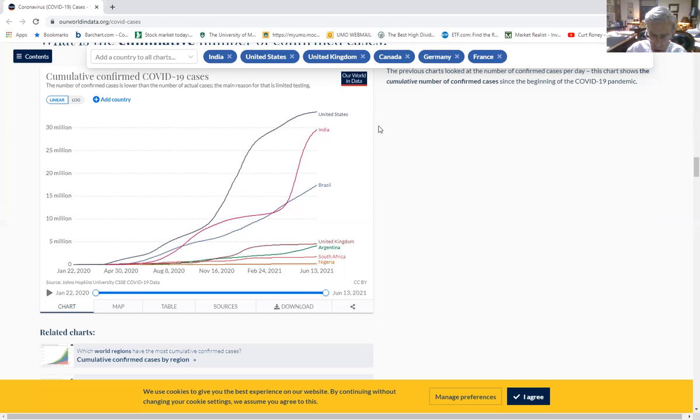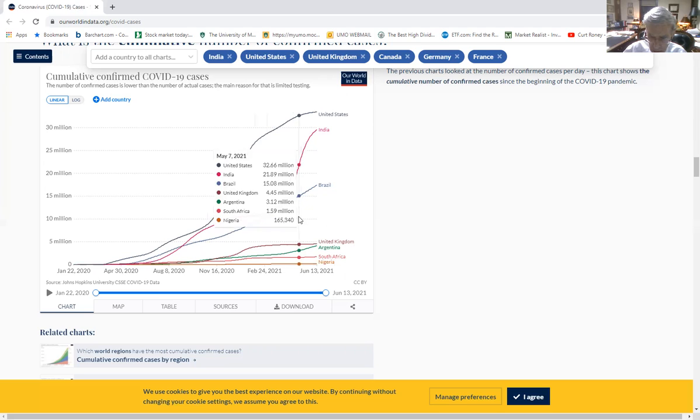For those of you who are mathematically inclined, there's a growth curve here that has plenty of room to grow.